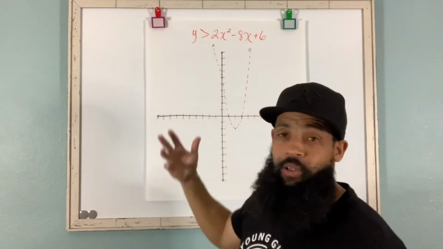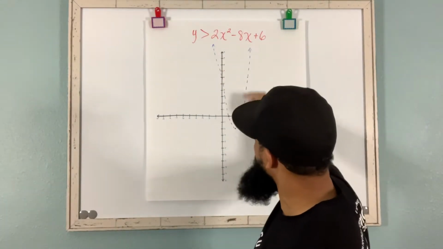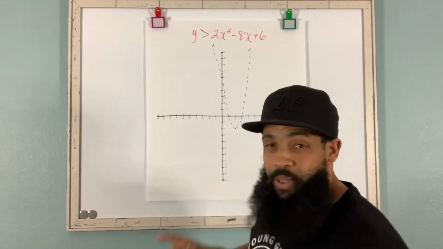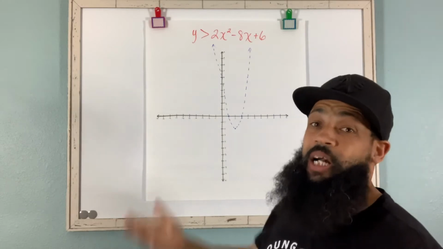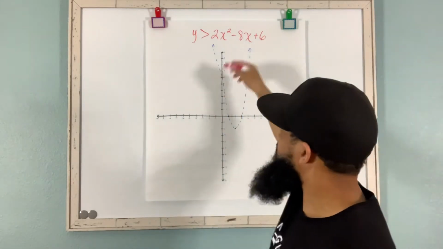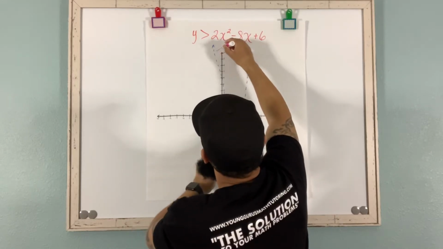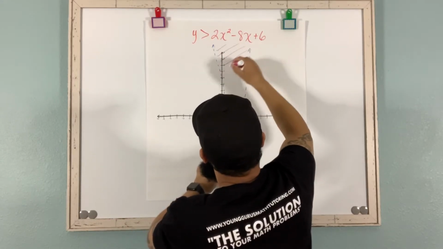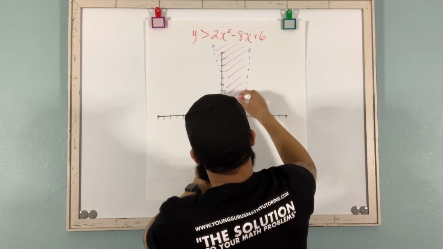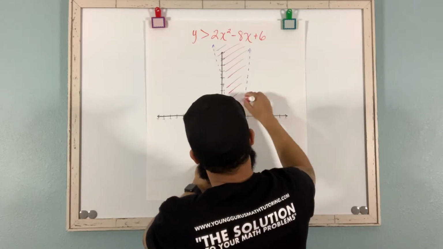and so we still have the broken parabola, but at the same time, now we're going to shade above it because the solution set is greater than this parabola or this quadratic inequality, right? So we're going to shade anywhere above it.